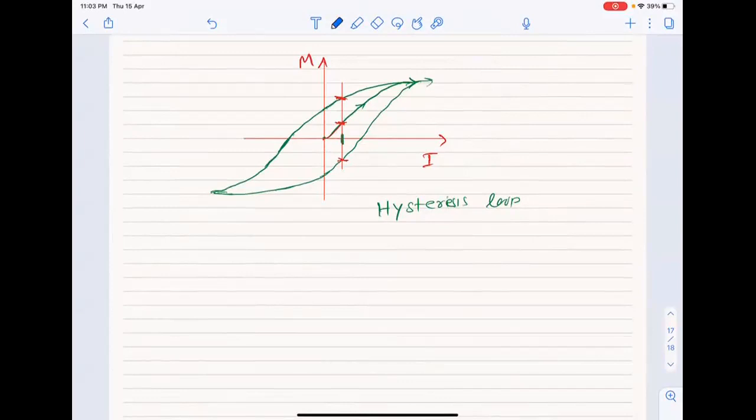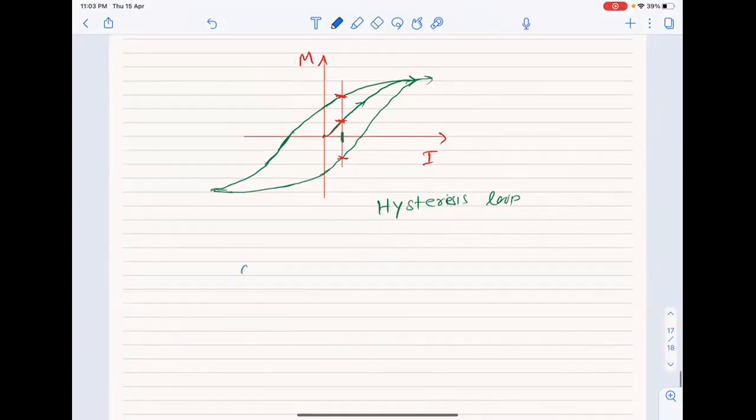So if you increase the temperature beyond a certain value known as the Curie point, you will destroy the alignment. So if your temperature is greater than the Curie point, you will destroy the alignment. This will give rise to paramagnetic behavior.